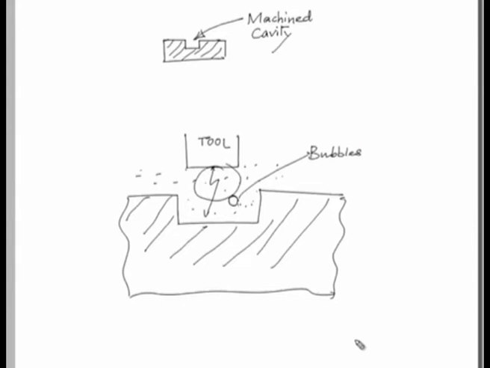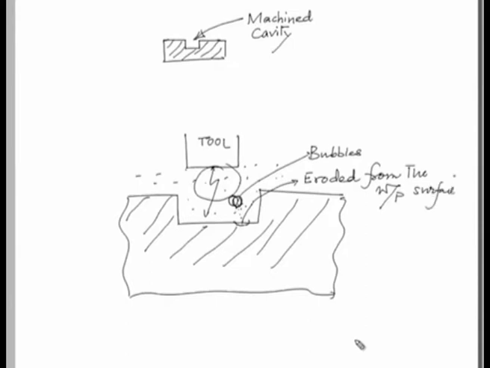Now, because of the flowing fluid, these bubbles will collapse momentarily, and this collapsing of the bubbles will create some shock wave or cavitation here, and because of this cavitation some material from this workpiece will be eroded. So, this material will be eroded from the workpiece surface.